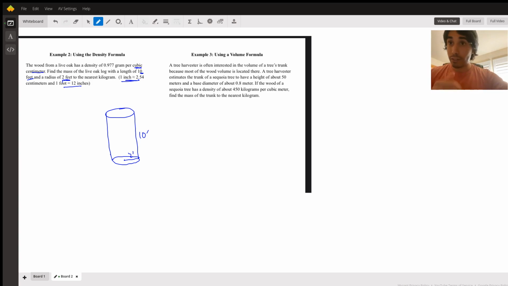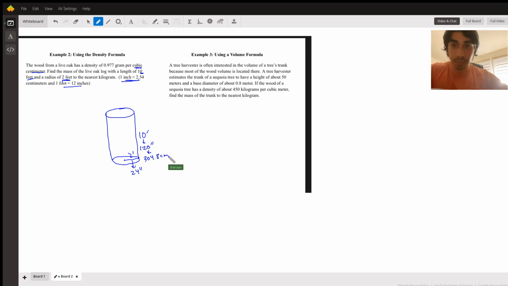So first we can convert feet into inches by multiplying by 12. All right, so 10 feet multiplied by 12 would be 120 inches. 2 feet multiplied by 12 would be 24 inches. And then we can convert inches into centimeters, right? Just like we did last time, multiplying by 2.54. So 120 times 2.54 is 304.8 centimeters.